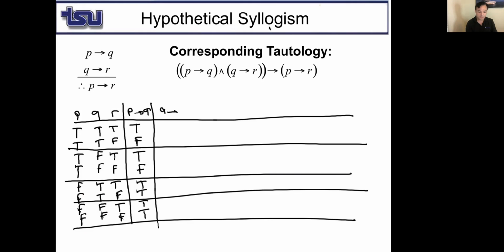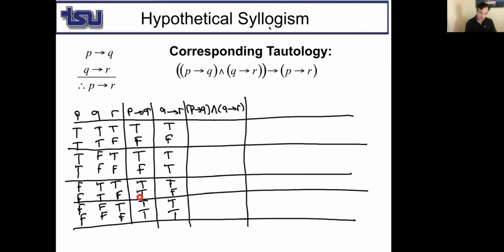Similarly, Q implies R. This is Q, this is R, with the same logic. This is true, this is false, this is true, this is true, this is true, this is false, this is true, this is true. Okay, and then I will have P implies Q and Q implies R. As you see, that is this column and this column with an and.